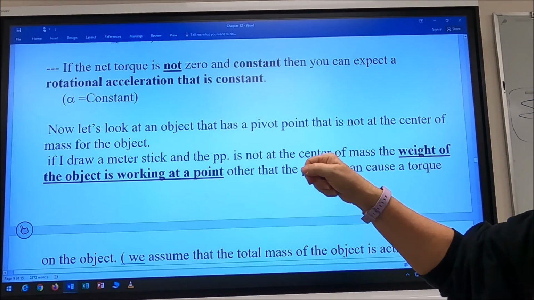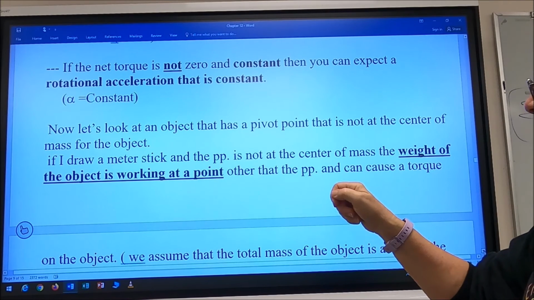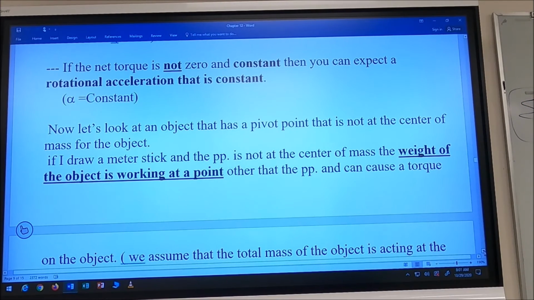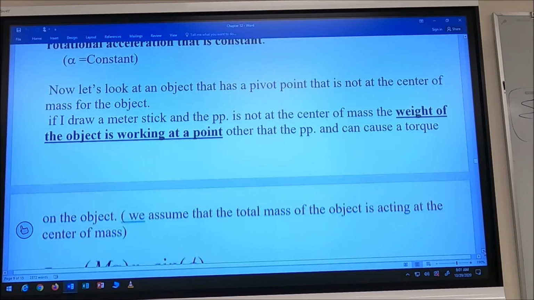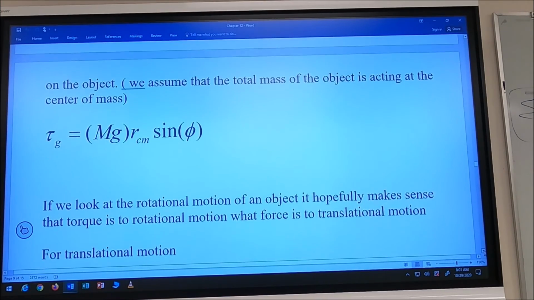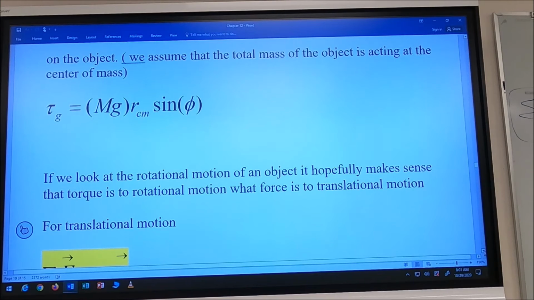So when I have an object suspended, then the weight of that object, or the force due to gravity acting on that object, wants to cause the object to rotate. We always assume that the total weight, i.e. the total force due to gravity acting on the object, is acting at its center of mass.